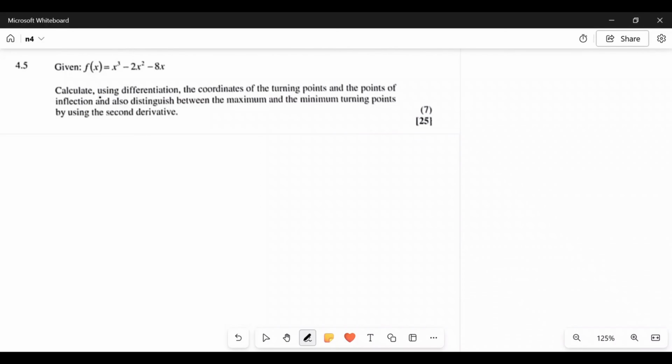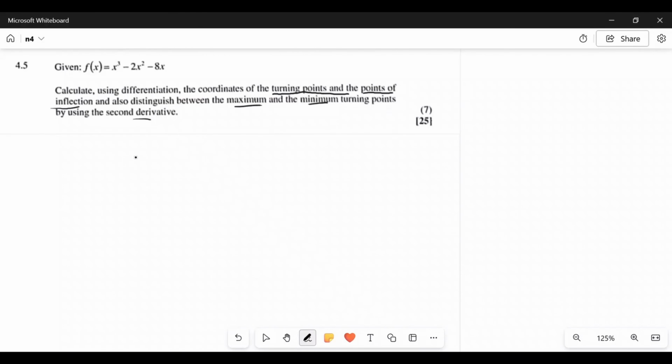They want us to calculate, using differentiation, the coordinates of the turning point and the point of inflection, and also distinguish between the maximum and the minimum turning point by using the second derivative.